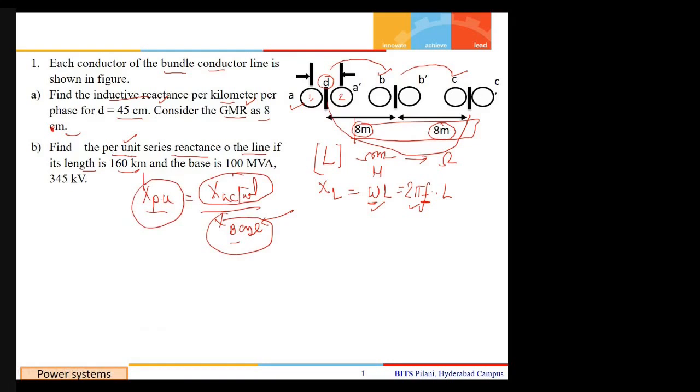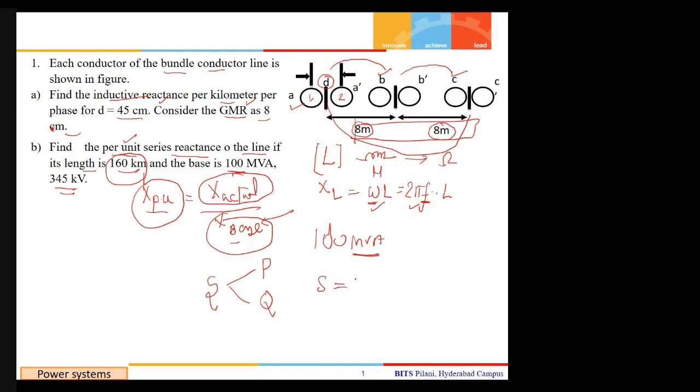Now the total length of the line is 160 kilometer and the base has to be taken at 100 MVA, 345 kV. You understand here the unit is given as 100 MVA. What is MVA? MVA stands for megavolt ampere. If we talk about power, we have a complex power S which is divided into real power P and imaginary power Q, the reactive power.